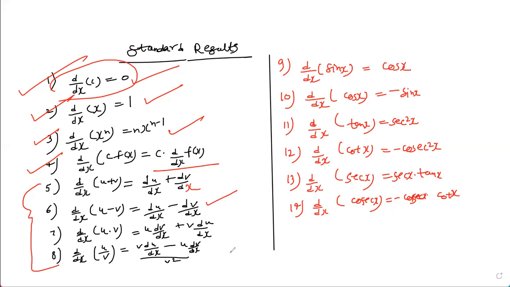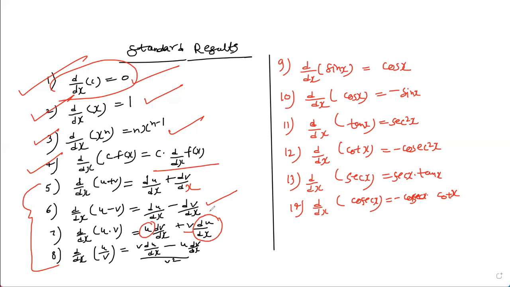Now the product is a bit different. If you are differentiating two functions, here u and v are two functions in terms of x. Okay. So if you differentiate the product of two functions, the first function will be outside, you differentiate the second one, plus the second one will be outside and you differentiate the first one. Okay.